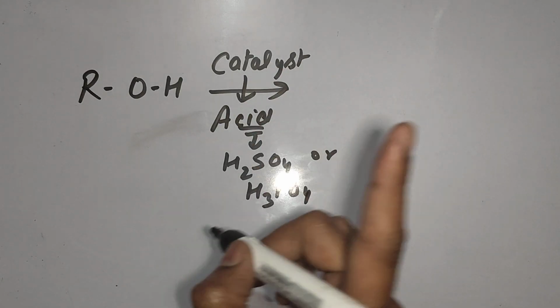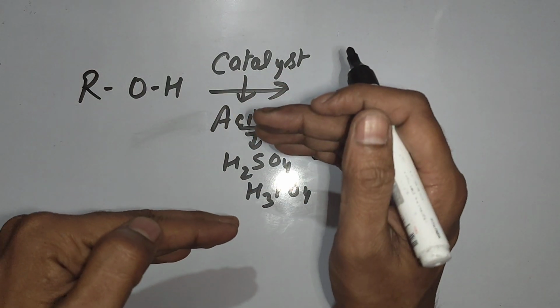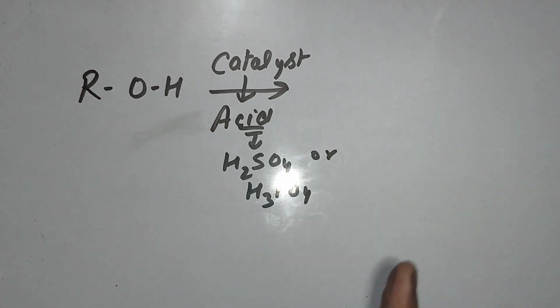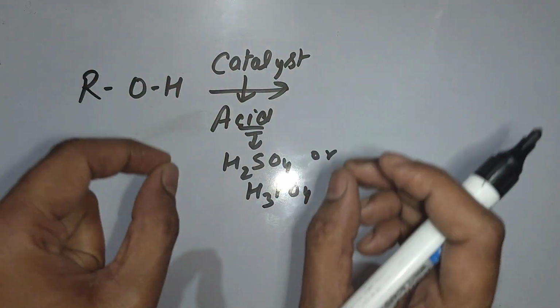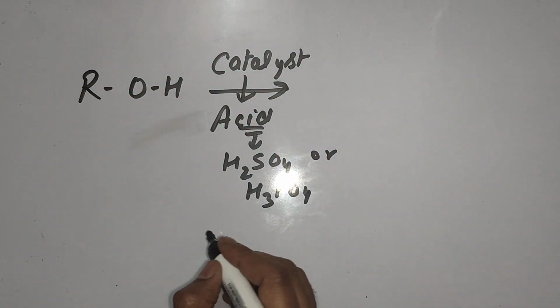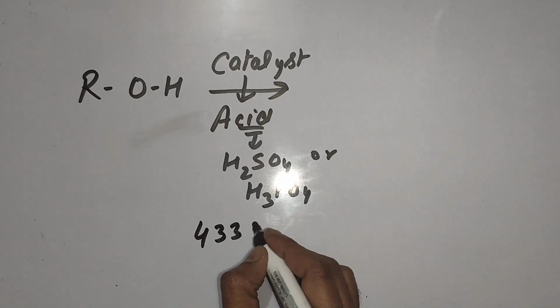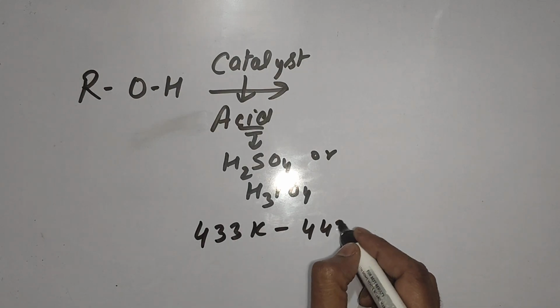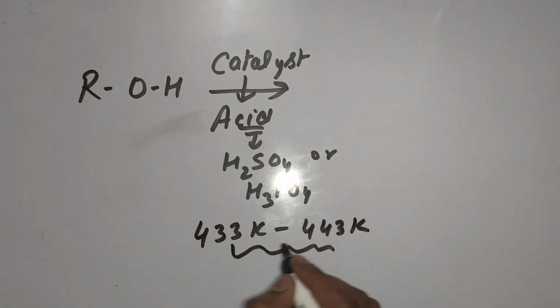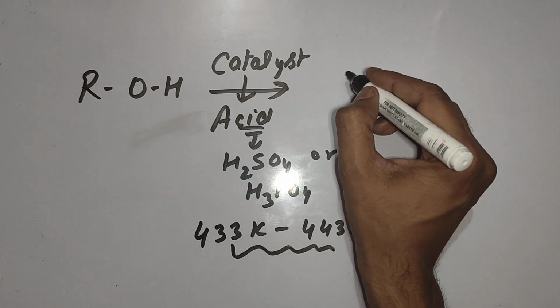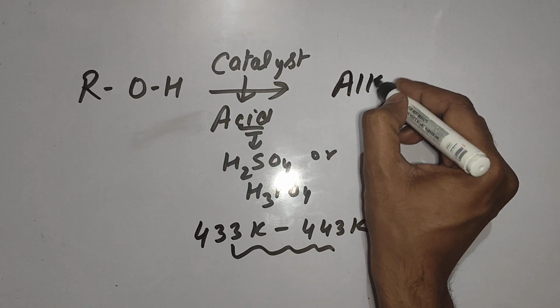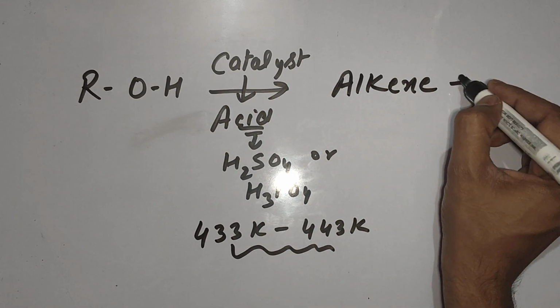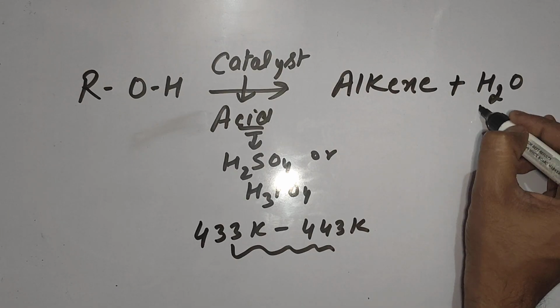And what temperature? Let me inform you, with temperature, products will be different. I am going to perform it here at a temperature of 433 Kelvin to 443 Kelvin, this range. In this range of temperature, after dehydration, it will produce alkene with the release of H2O.